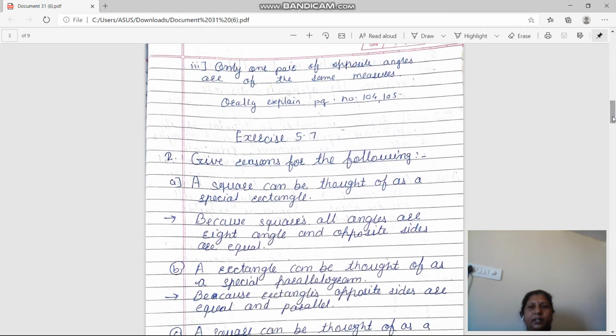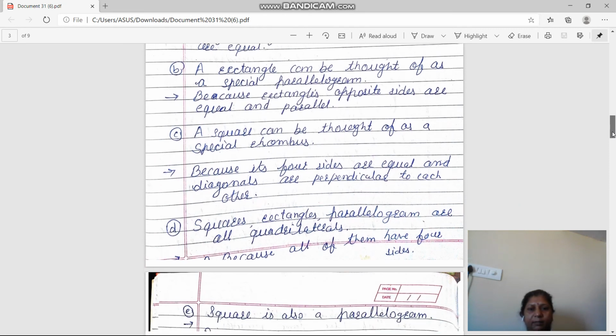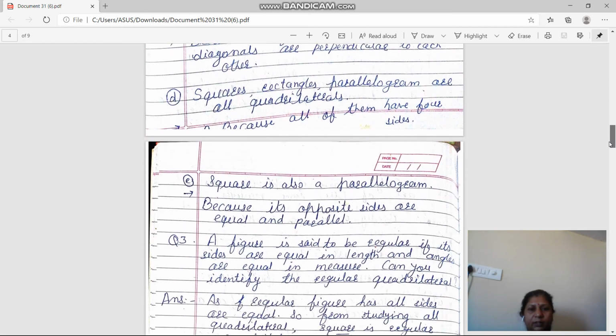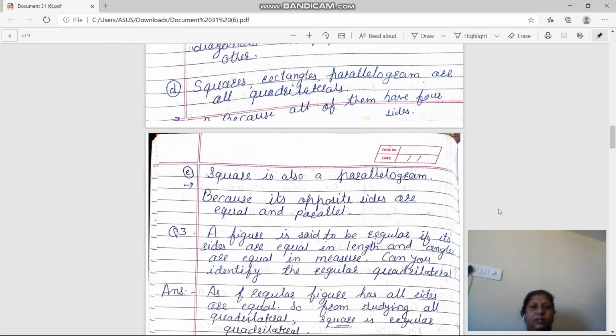These are the reasons given for 5.7. We already studied about it. Then question 3. We have not considered question 3. A figure is said to be regular if its sides are equal in length and angles are equal in measure. Can you identify the regular quadrilateral?